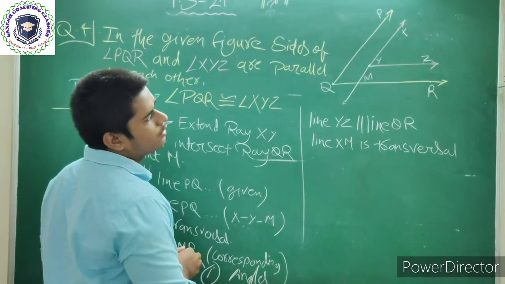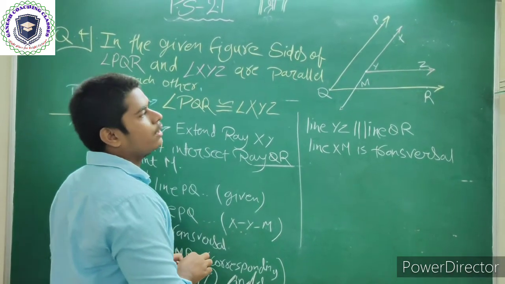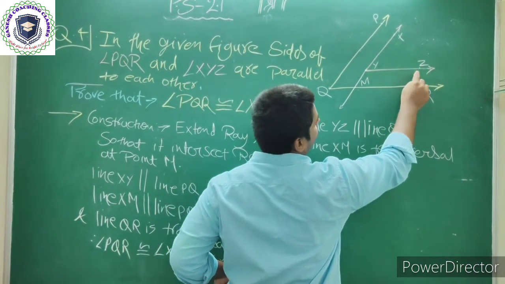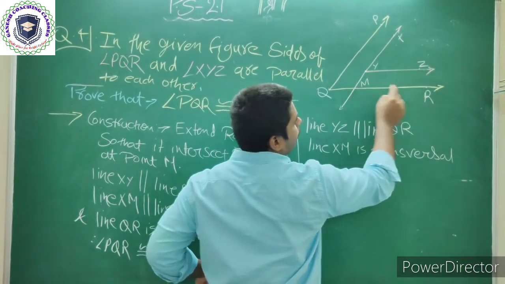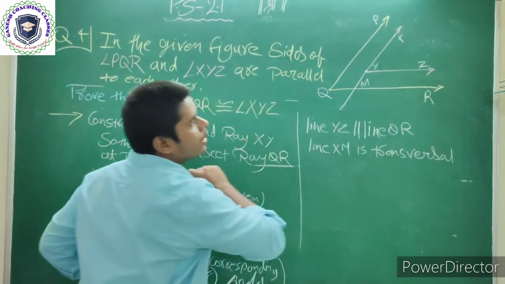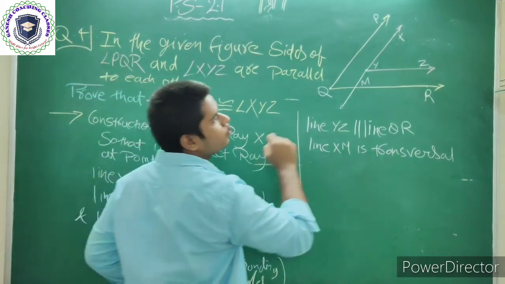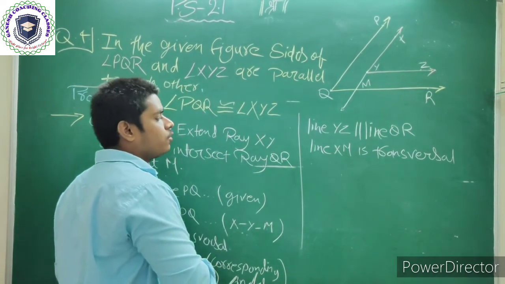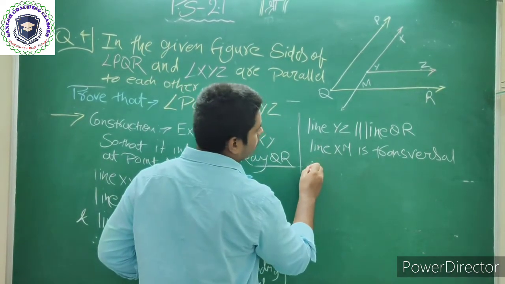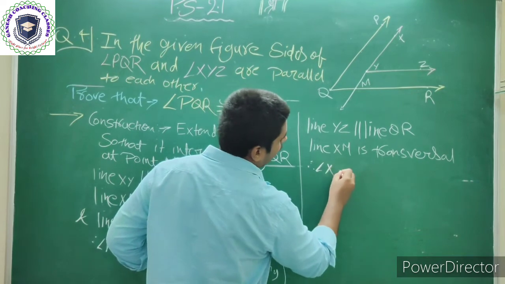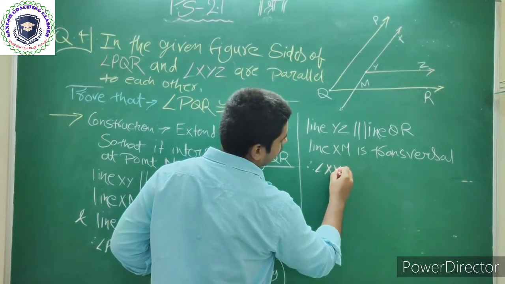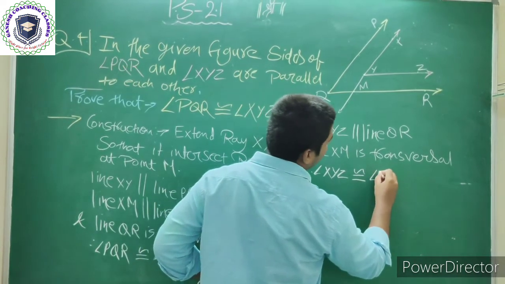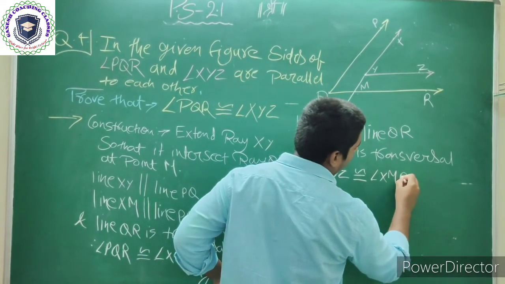And what relationship are we finding between these two angles, XYZ and XMR? We see that these two angles look alike, meaning they are corresponding angles. So here we can write that angle XYZ is congruent to angle XMR.